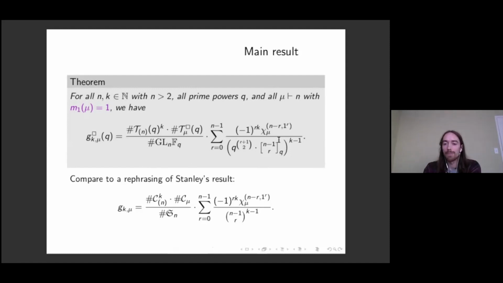And the numerator over here in the sum is exactly the same, actually. It's still in terms of signs and symmetric group characters. And the denominator is an honest Q goes to 1 analog of the denominator of the symmetric group result. And this is, again, just for the cases in which there's exactly one part of mu equal to 1, and just for the regular semi-simple case.